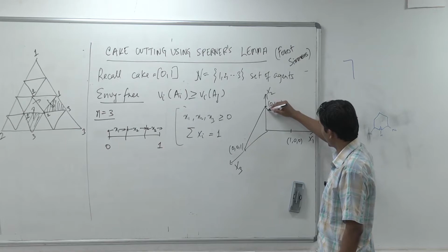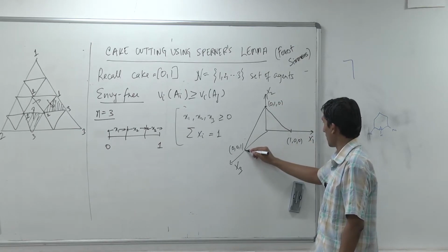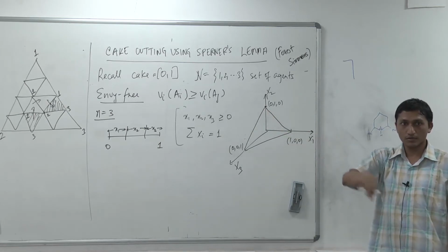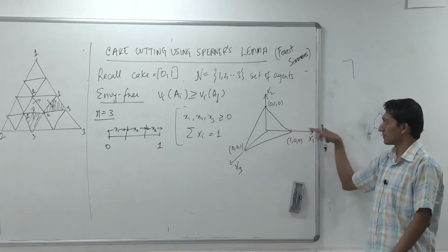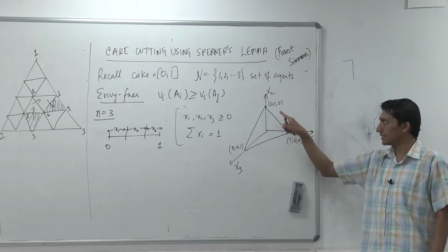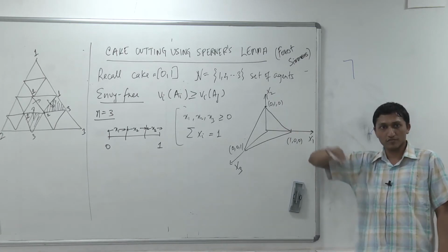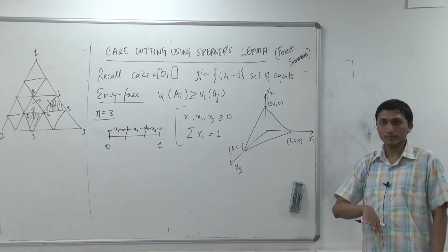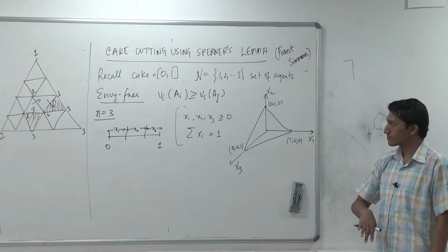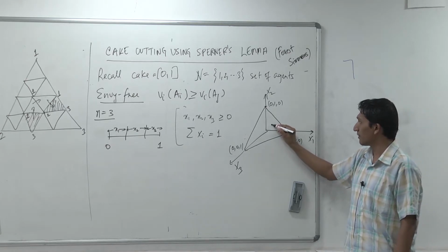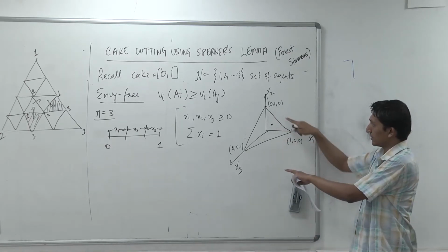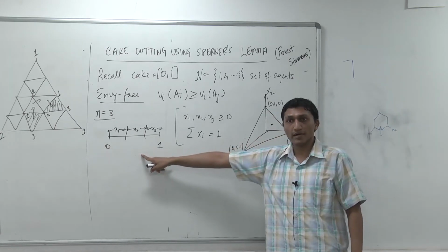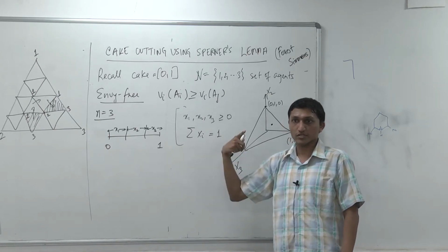And if you think about it, that space looks like this. It's a hyperplane that cuts the 3-dimensional coordinate system at these 3 points, and you only look at the non-negative part of it. Okay? Note that every point here on this chopped up hyperplane corresponds to some connected cut of the cake and vice versa.